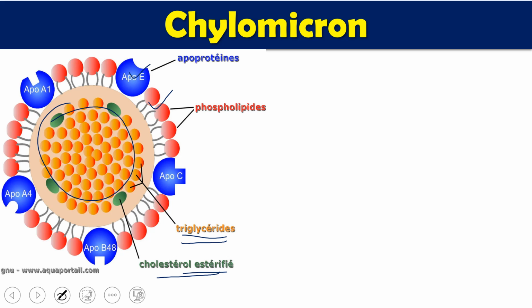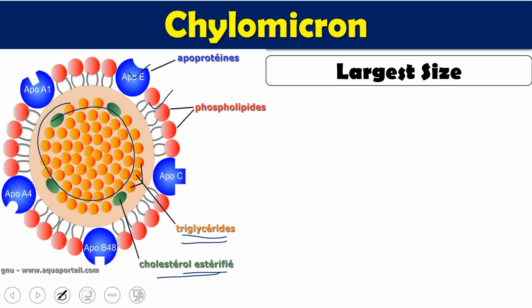Maximum triglyceride is in the chylomicron, roughly 84% to 85%. This core of triglyceride and cholesterol ester is covered peripherally with three components: cholesterol, phospholipids, and the protein component called apoproteins or apolipoproteins.